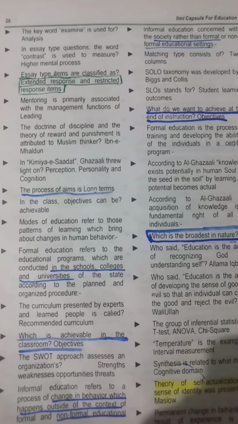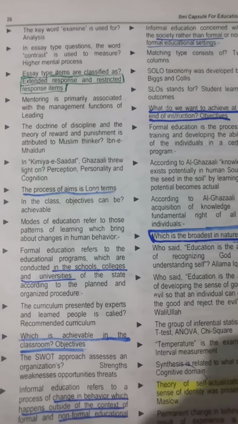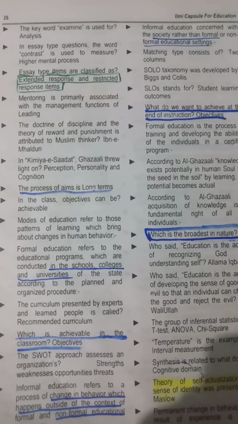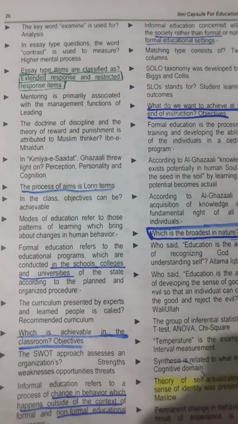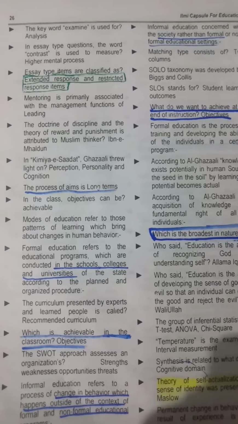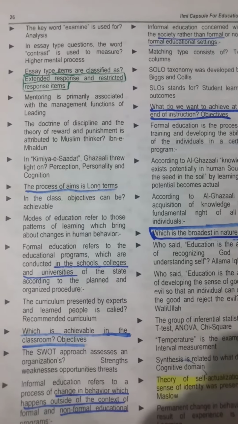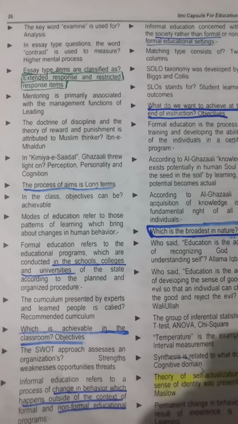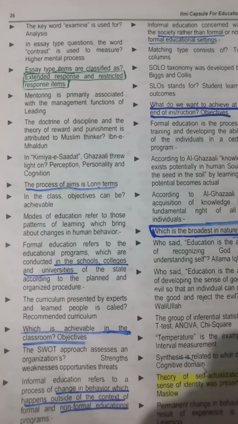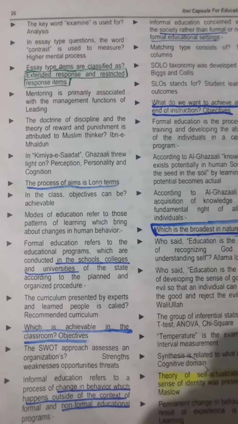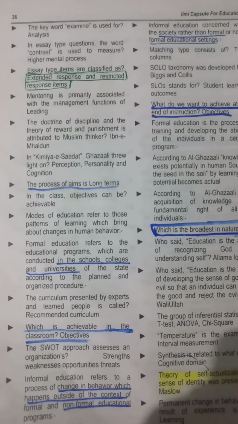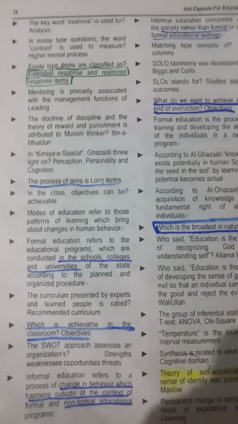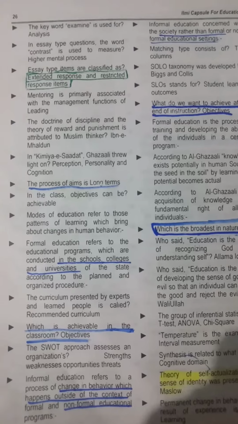The curriculum presented by experts and learned people is called recommended curriculum. Which is achievable in the classroom? Objectives. The SWOT approach assists in organizations' strengths, weaknesses, opportunities, threats.